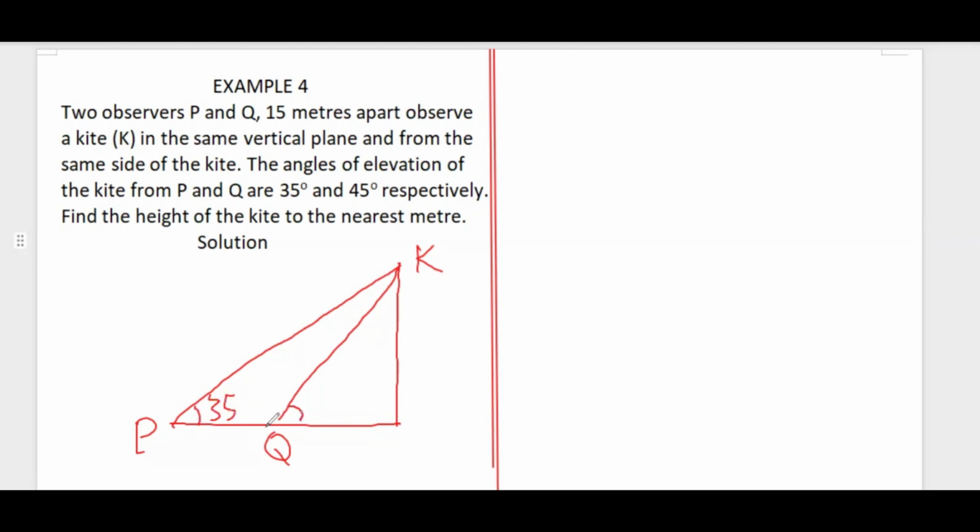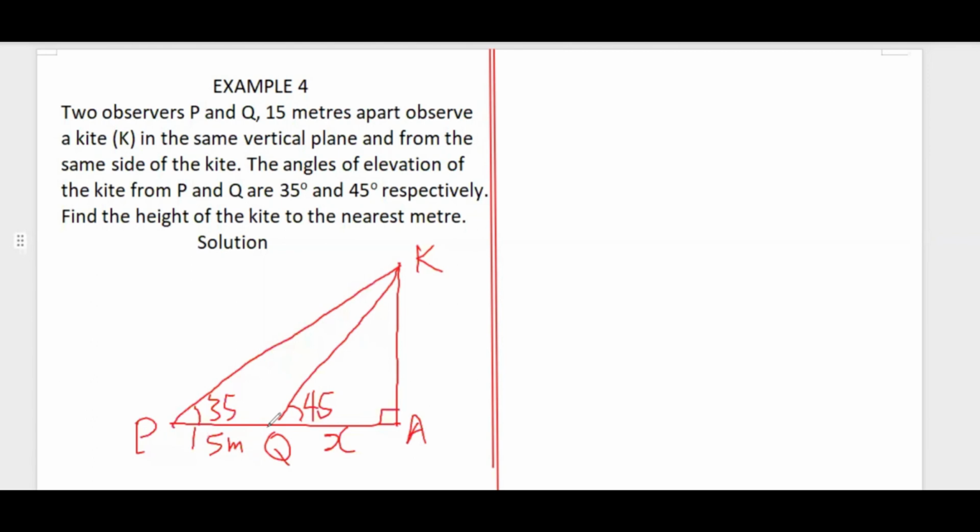So this one is 45 here. And P and Q are 15 meters apart. Let me label this place A, and here we call it X. If you look at this, for us to solve this, we have two triangles.